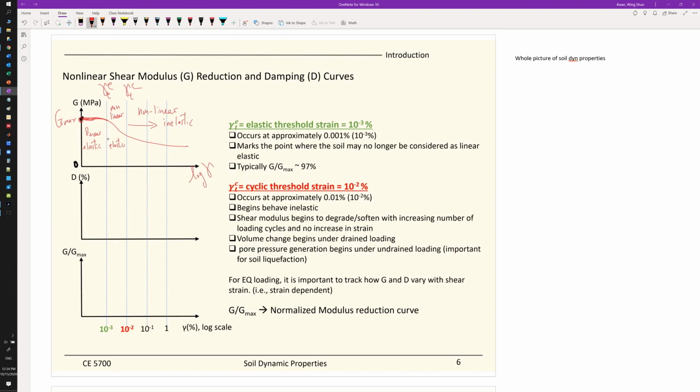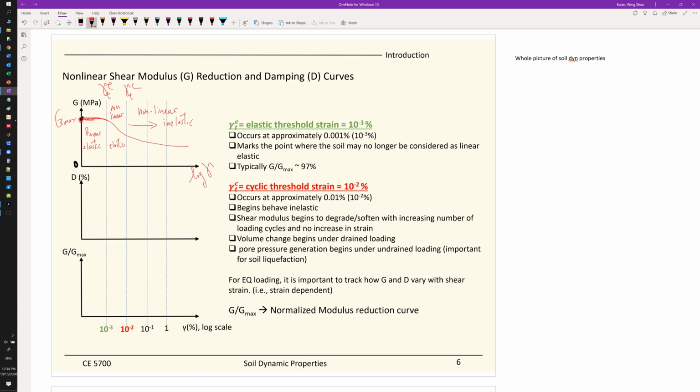When the loading goes beyond this deformation level, so you go all the way loading up to here, and you go back, you will have the hysteresis effect. That will not be going back to the original soil stiffness response.